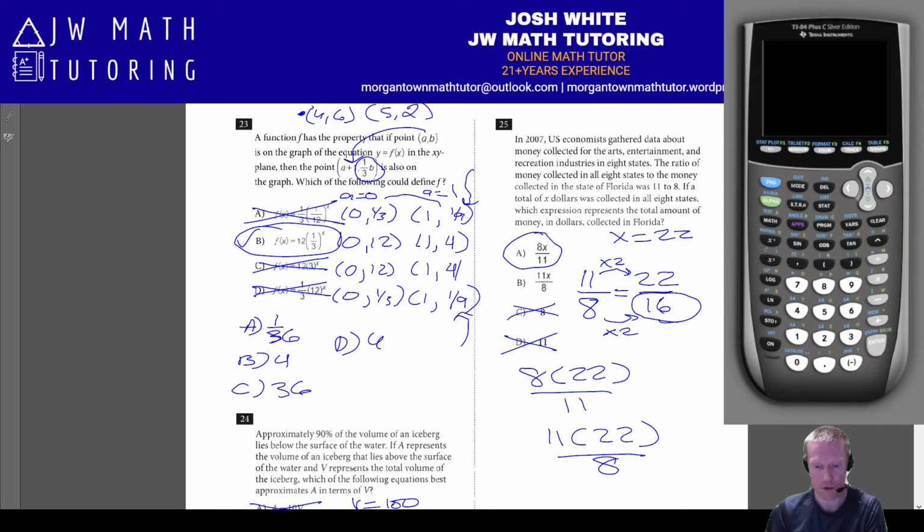And I'll just tell you, it is the first one that's going to be correct. The first one is equal to 16. The second one is equal to 30.25, which is wrong. So therefore, correct answer again is going to be letter A, and that's using the strategy of picking numbers to solve it.